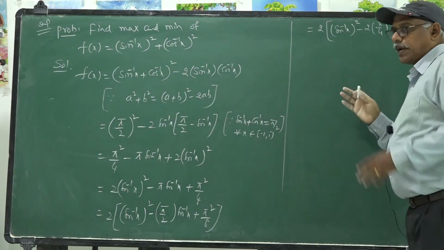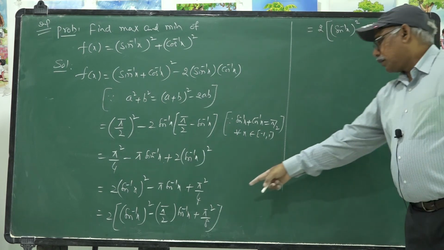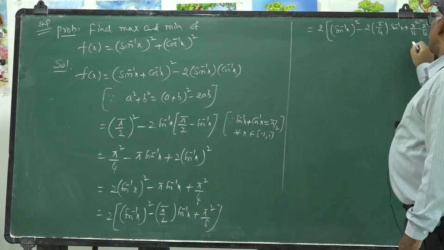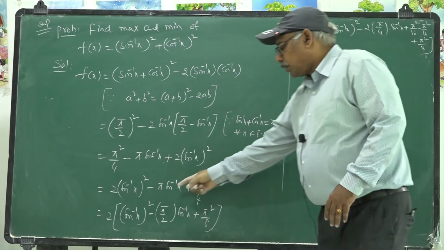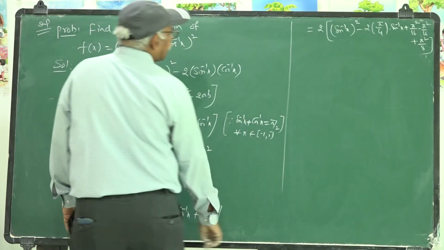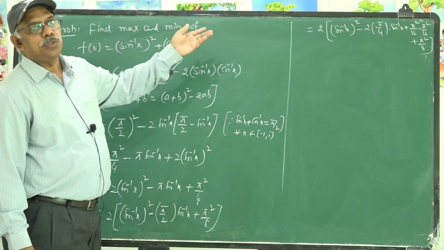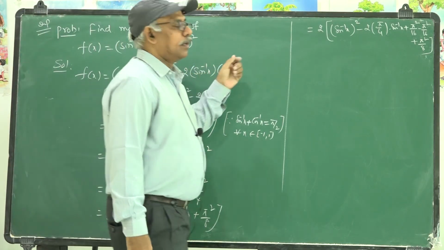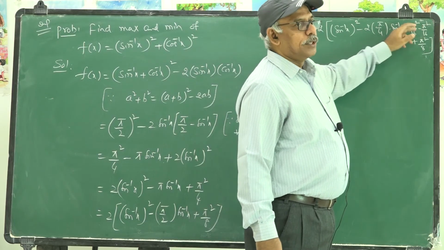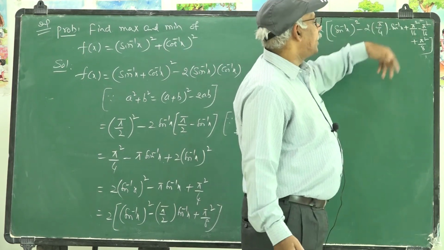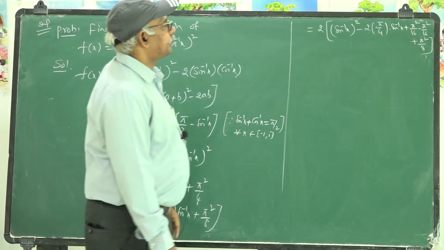By adding and subtracting the same term, the expression's value never changes. So the remaining term is here plus pi square by 8. So the total expression may be expressed as twice (sin inverse x) whole square minus 2 into pi by 4 sin inverse x, adding the square of this pi by 4 and subtracting the same from the expression. There is no change in the value of the expression. Here the last term pi square by 8 is taken as it is.